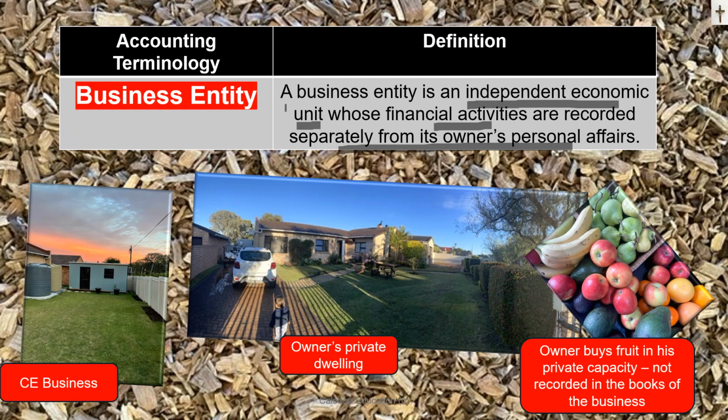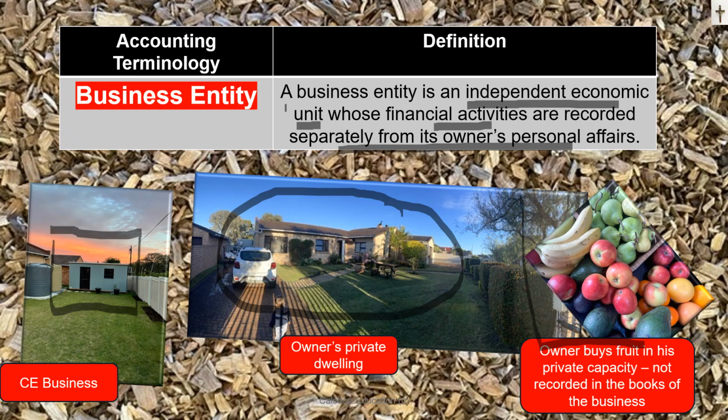So there is a rule, the business entity rule, which states that if this is our business, Calibre Education, and this is the owner's house, and the owner of Calibre Education buys food to consume in his or her personal capacity, that transaction is recorded separately to that of the business.